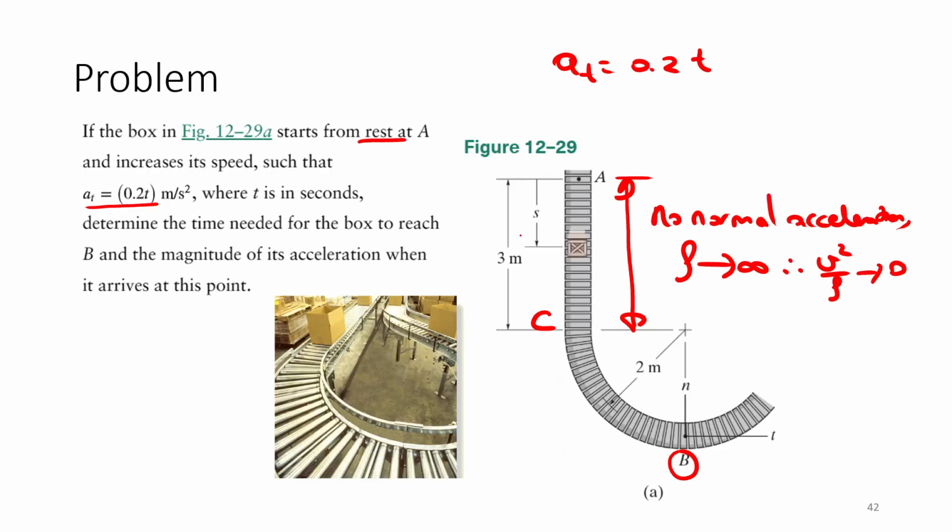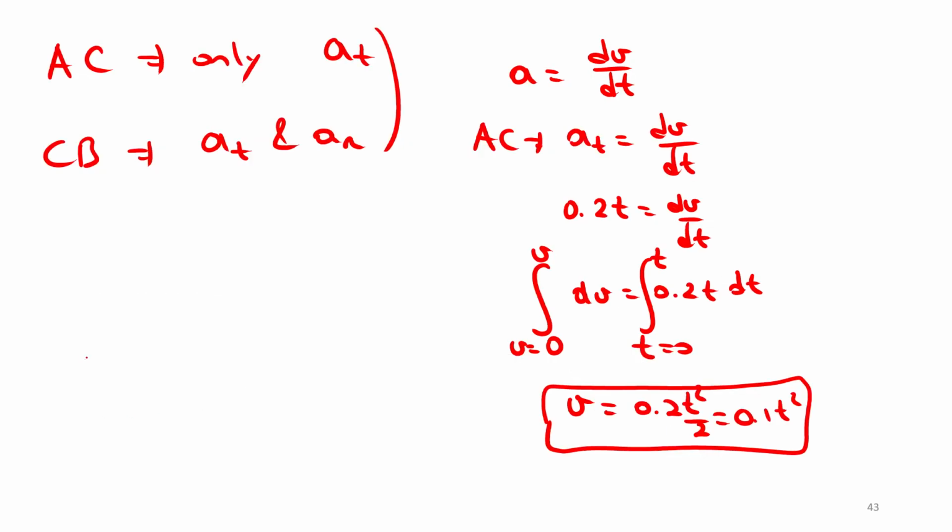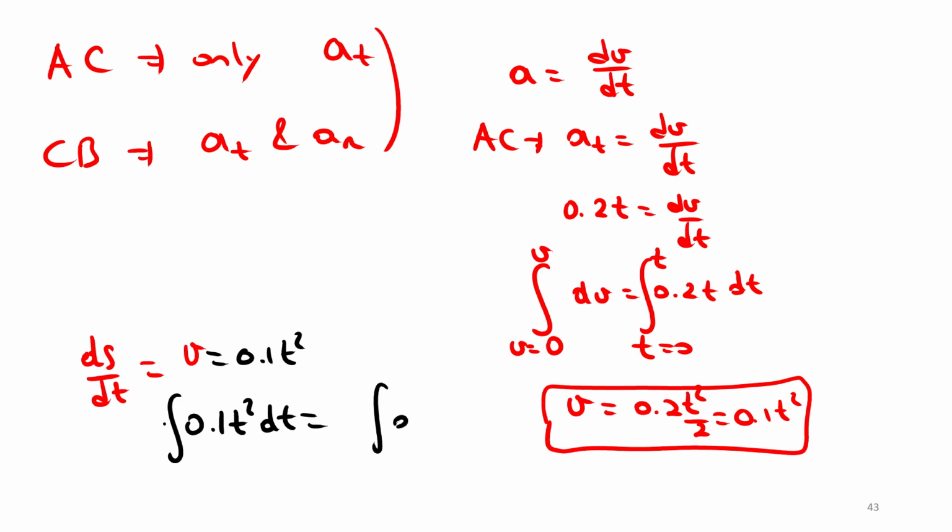Okay, but I need the distance relation so that I can find the time from A to C. As I know the change of the position with respect to time is the velocity, similar to acceleration, it will follow that 0.1 t squared dt will be equal to ds.